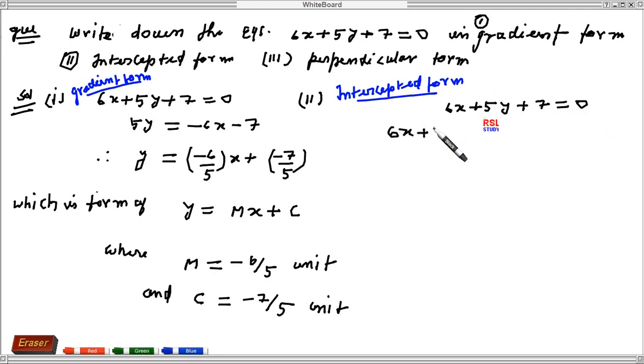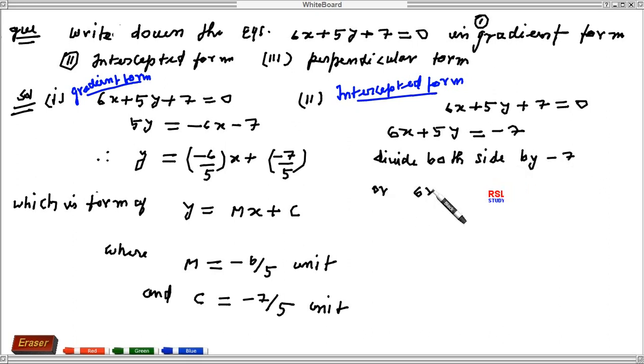So we will try to convert this equation into x by a plus y by b equal to 1. First of all we will shift this to the right side, that is minus 7, dividing by minus 7, because the right hand side should be 1, as the general equation is x by a plus y by b equal to 1.